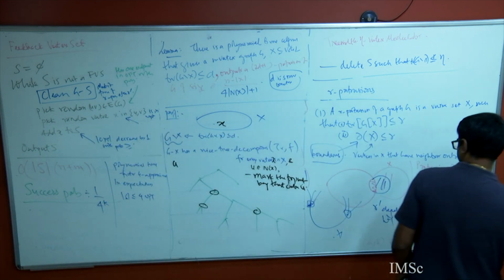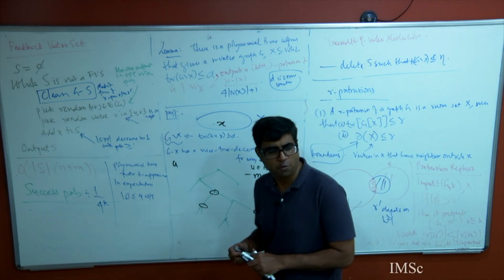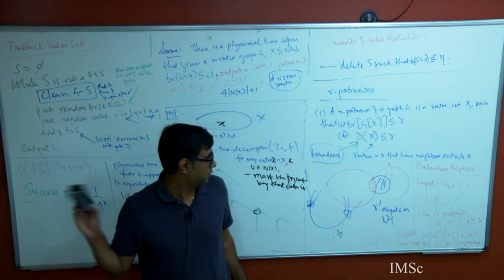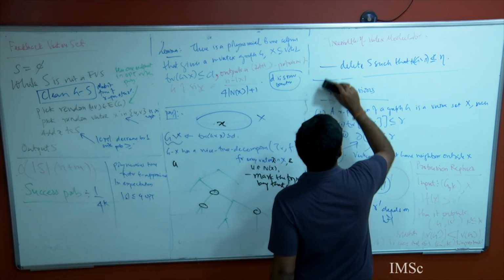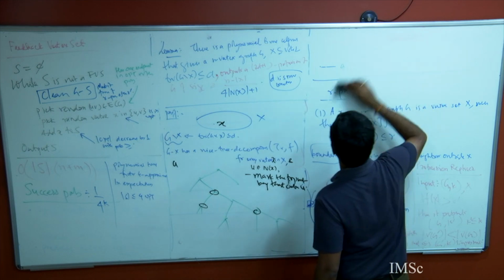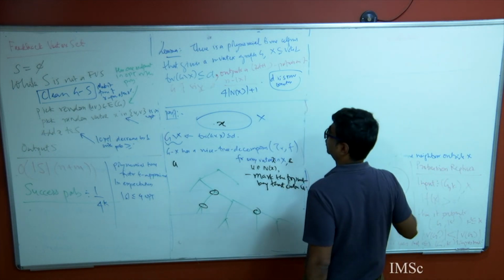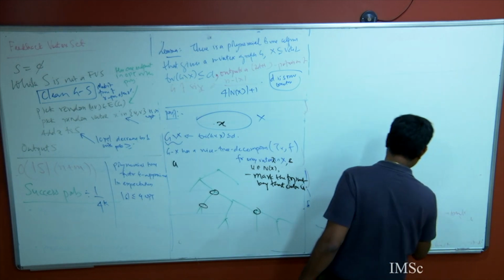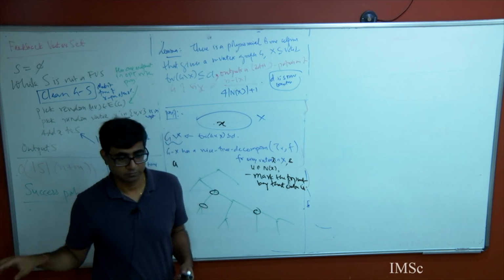Okay? So by this process, how many vertices of this tree would I have marked? At most |N(X)|.